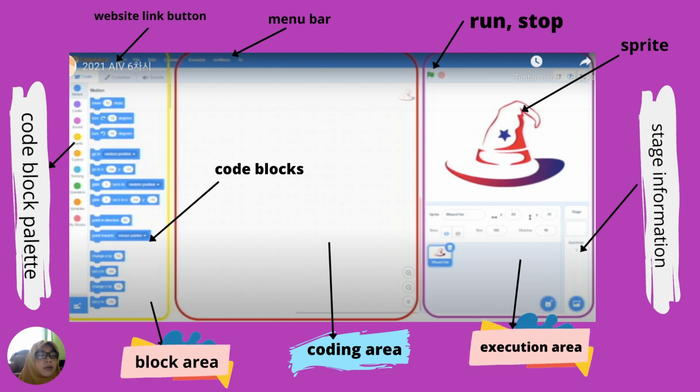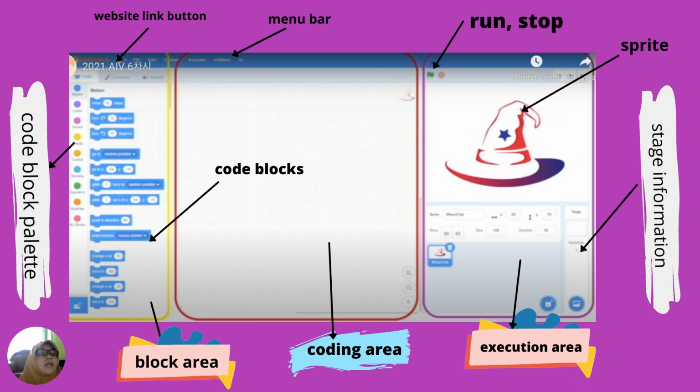The menu bar in Coding School includes board connection and allows you to select functions. Coding area is a workspace for dragging, combining, and making block codes to create code.